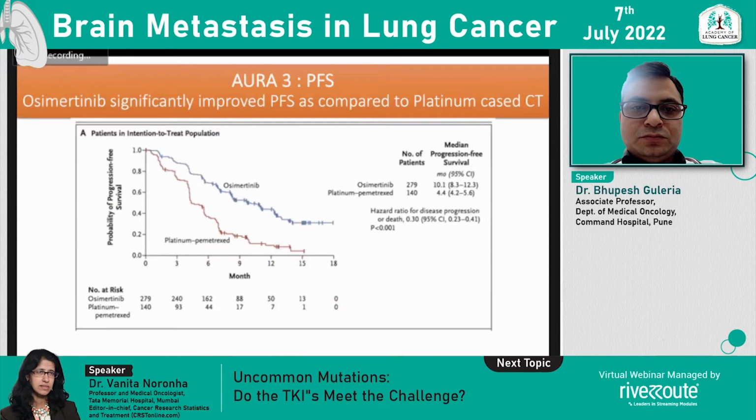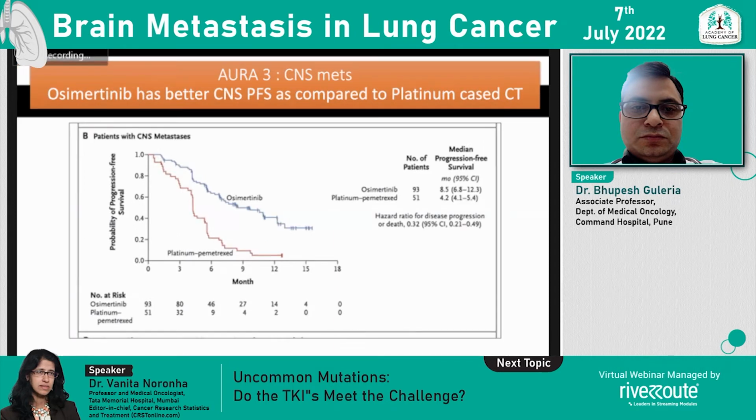Osimertinib was used in the second-line setting and compared with platinum and pemetrexed-based chemotherapy, and it showed a significant PFS benefit in the AURA3 trial. This trial also gave us very strong evidence for CNS metastasis: osimertinib, the third-generation TKI, has a better CNS PFS compared to platinum-based chemotherapy, 8.5 months compared to 4.2 months.